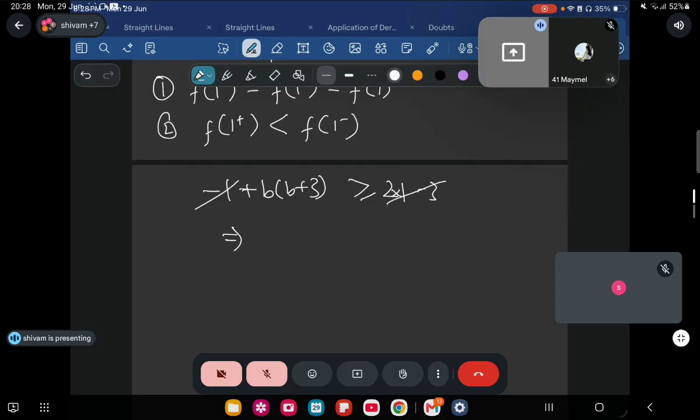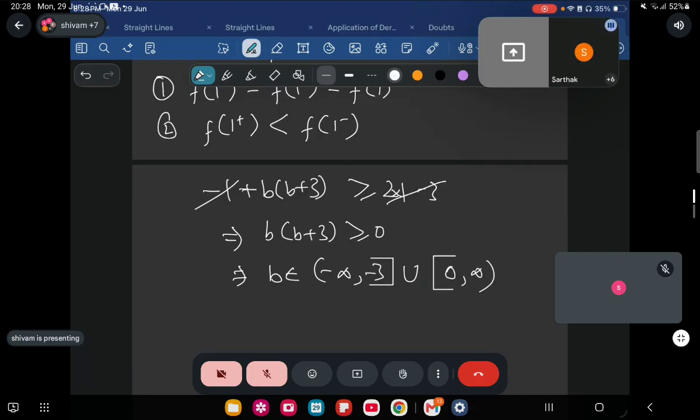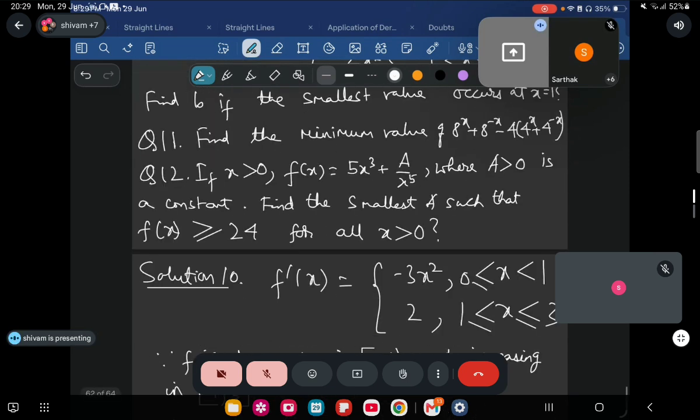So minus 1 will get cancelled. b into b plus 3 must be greater than or equal to 0. This implies b belongs to minus infinity comma minus 3 closed union 0 comma infinity. Sir, I got this answer, but I thought it would be wrong. No, this is the correct answer.